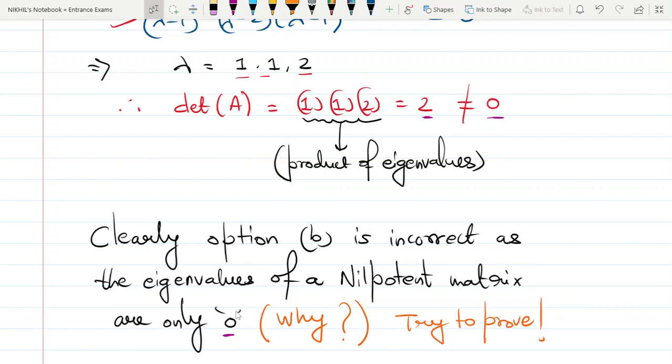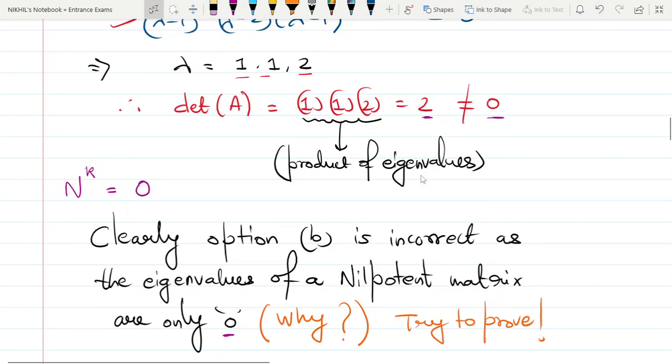Nilpotent matrix means I call a matrix N, where N is some square matrix, to be nilpotent if N raised to the power k, where k is some positive integer, is the 0 matrix. That is, k is the least positive integer such that when I raise N to this power, I get the 0 matrix. In this case, I call this matrix N nilpotent and this small k the index of nilpotency.